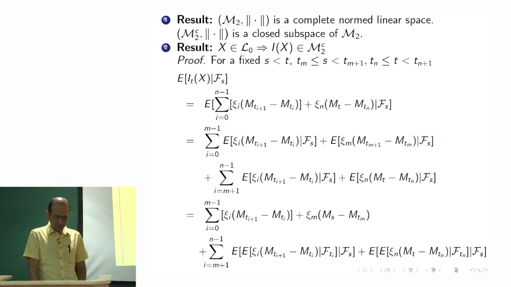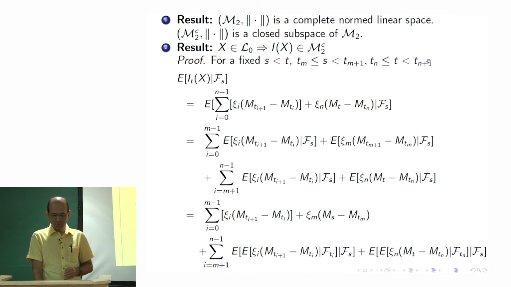Now we try to prove that the conditional expectation of ITx given Fs is actually Isx. What is ITx? It is the integration from 0 to t of x with respect to m. Here we rewrite ITx in its simple form. From the very definition, it is a summation for i equal to 0 to n minus 1. Why n minus 1?